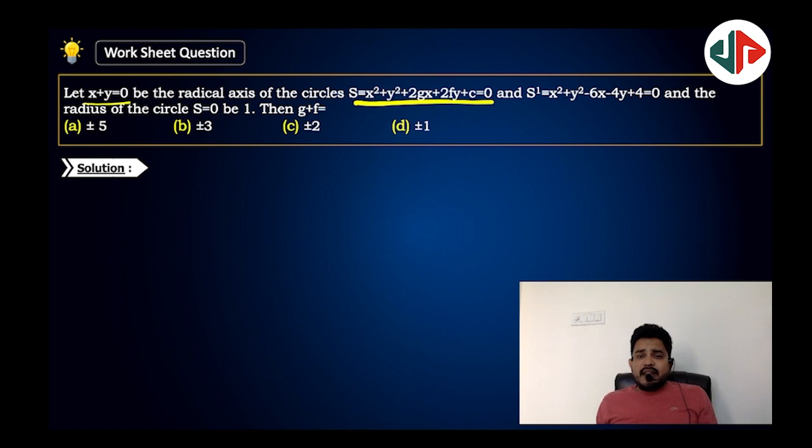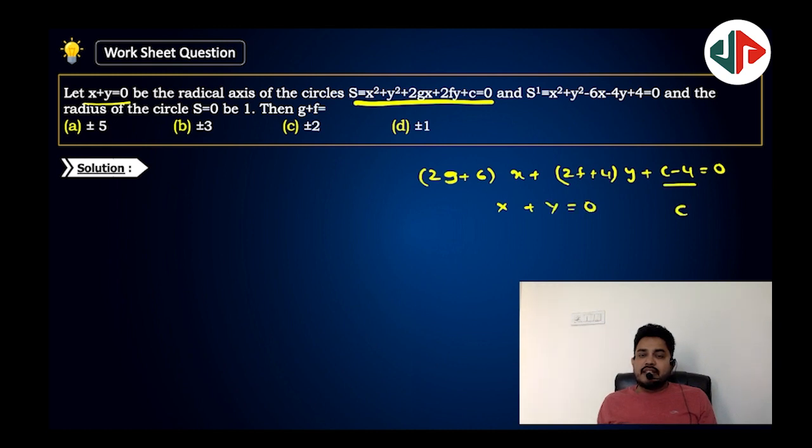So one thing, the radical axis, you can write S minus S dash: 2g plus 6 into x plus 2f plus 4 into y plus c minus 4 is equal to 0. But they have given x plus y is equal to 0 as the radical axis. So clearly c should be equal to 0.